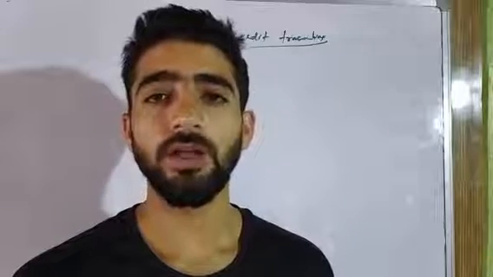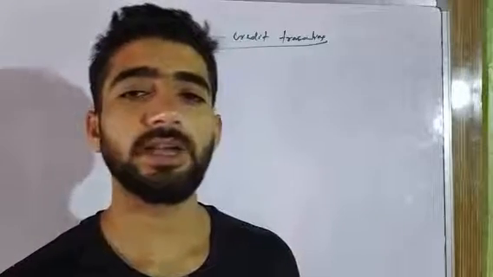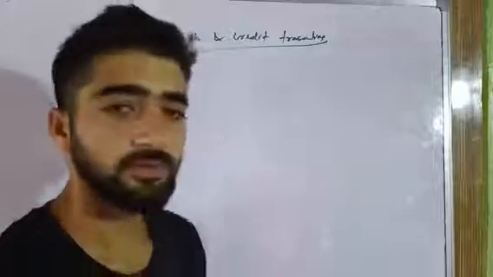So I would like to request you to consult that lecture so that you will understand how to differentiate between cash and credit transactions, and how to record them in the journal.